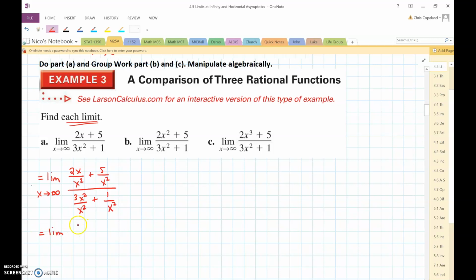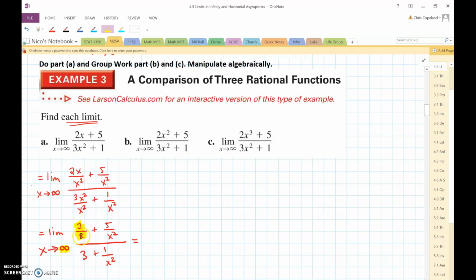This would be (2/x + 5/x²) all over (3 + 1/x²). Okay, now we can evaluate the limit. So notice here, 2 over infinity would be 0.